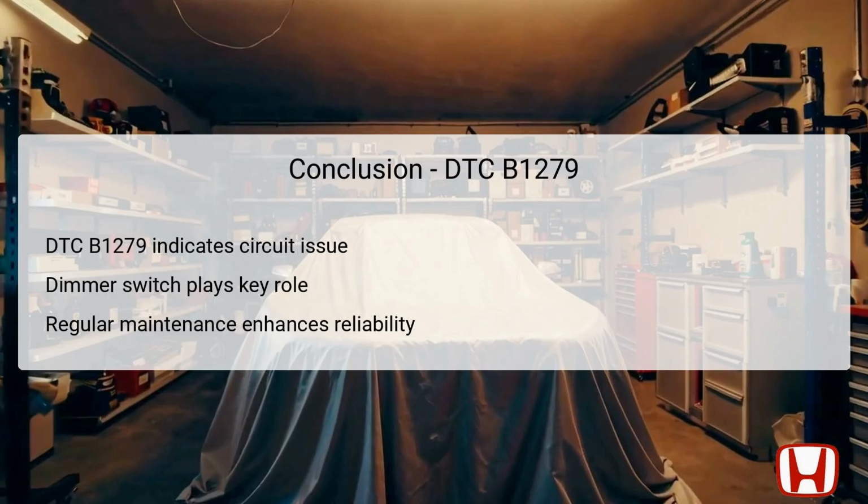Recognizing the role of the dimmer switch and related components is essential for ensuring proper vehicle lighting functions, which directly affect driving safety. Furthermore, engaging in regular preventive maintenance can go a long way in minimizing such electrical issues and ensuring reliable operation over time. Through diligent diagnostics and repairs, Honda Civic owners can maintain optimal vehicle performance and safety.